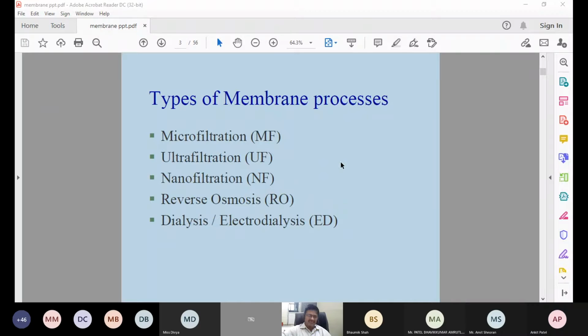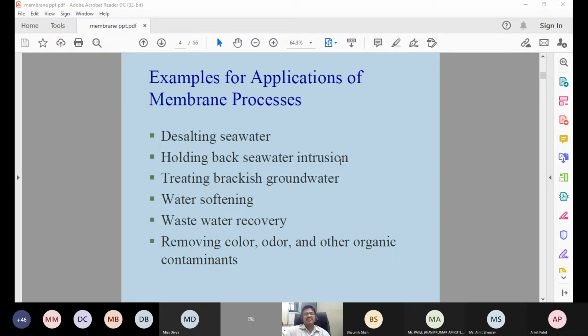So these are the different types of membrane processes: microfiltration, ultrafiltration, nanofiltration, reverse osmosis, dialysis, and electrodialysis. Apart from that, we have other types, the recent ones, that is forward osmosis, and pervaporation is also used. That we will see. Now, what are the applications of these membrane processes?